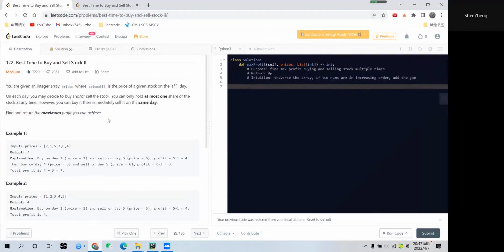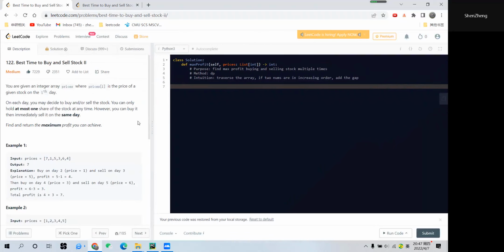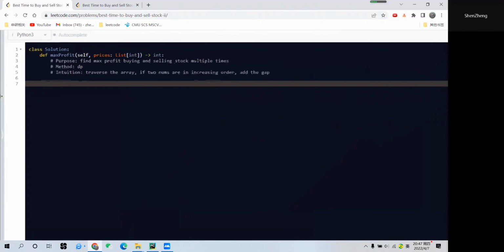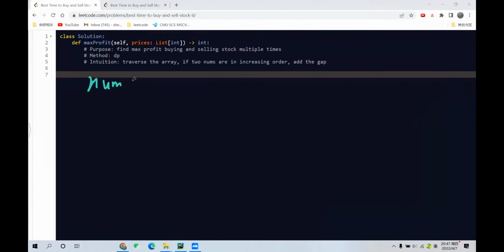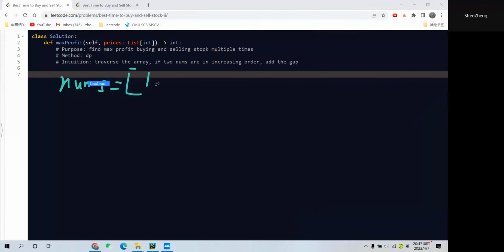Okay, now we've finished the problem description. Let's think about how to solve this problem. So let me use a very simple example to help you understand. Let's say our nums array is 1, 2, 3, and maybe this is 1. Okay, then I will display it in 2D form to help you understand.